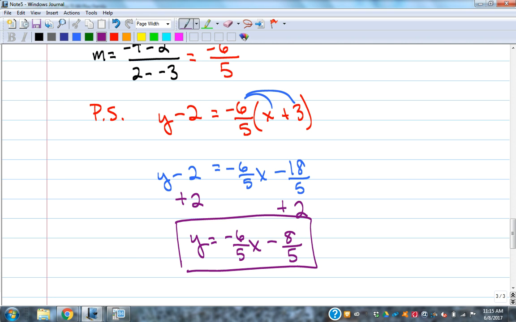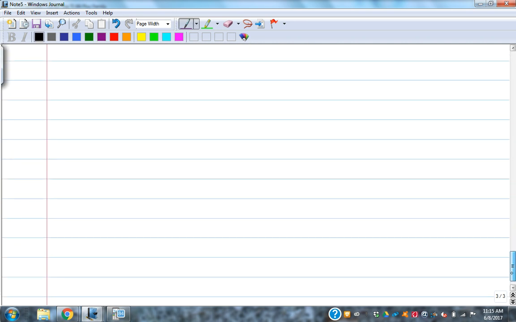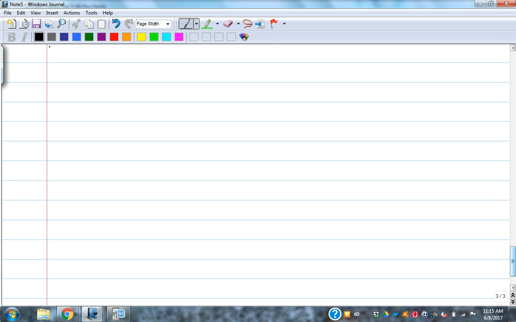All right. Let's get our last form that we're going to deal with here. And that's standard form. And standard form is really easy to get to from slope-intercept form.